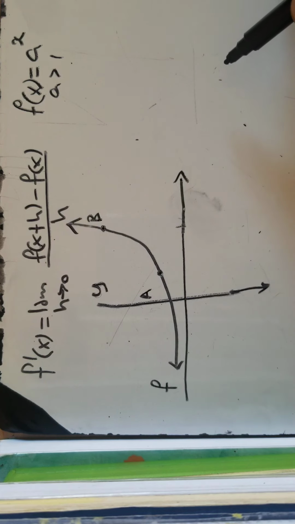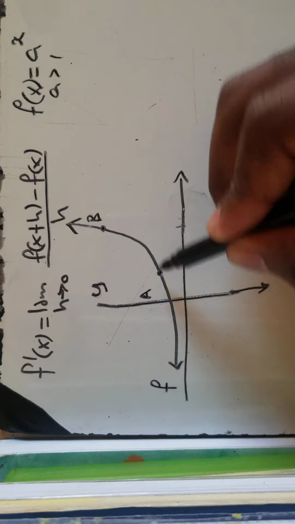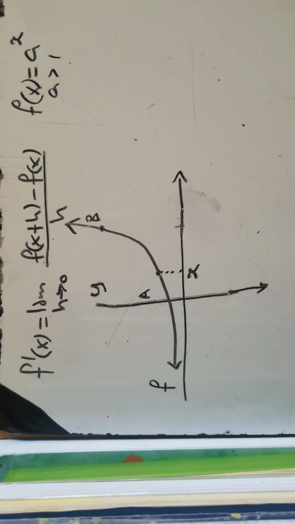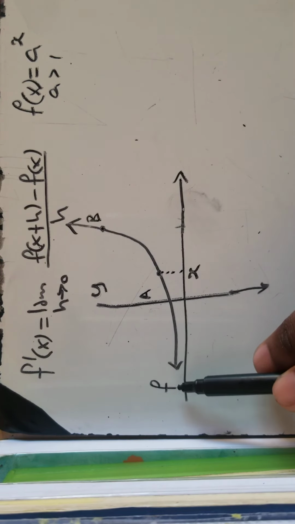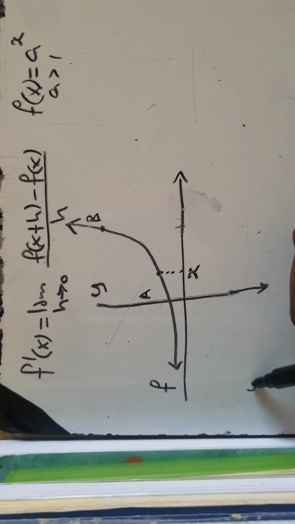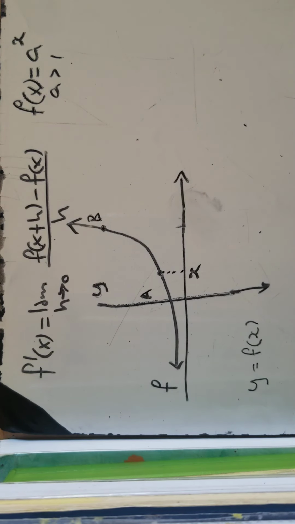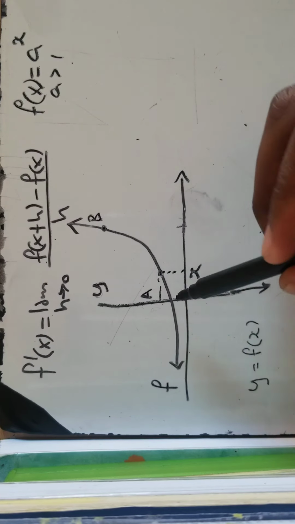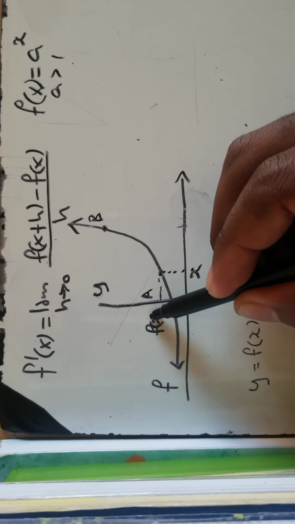Now say the A point has an x value, for argument's sake, let it be x. The corresponding y value, you know that y equals f of x, so the corresponding y value here should be f of x.